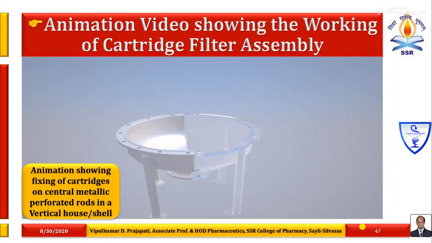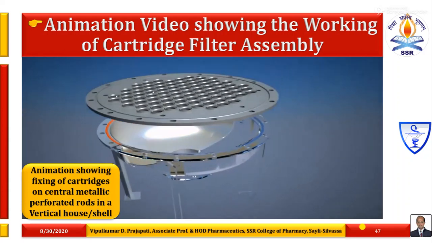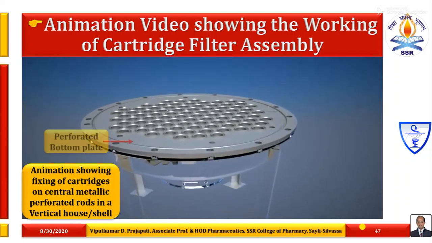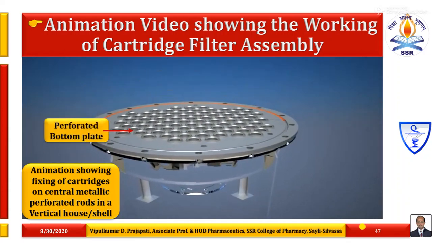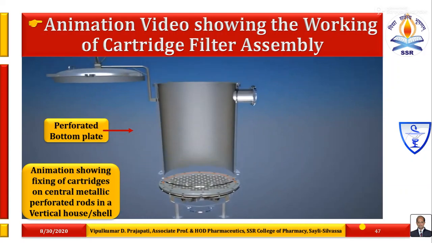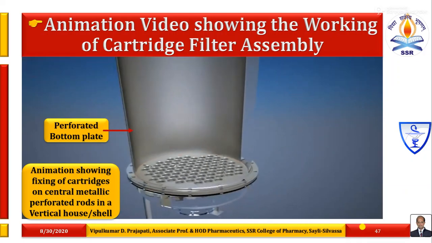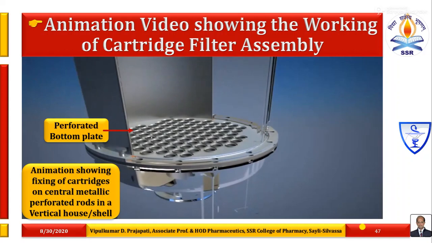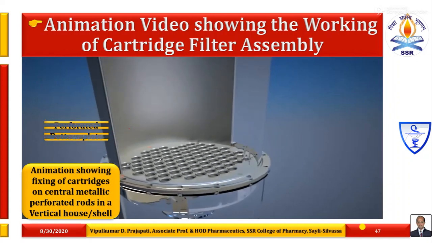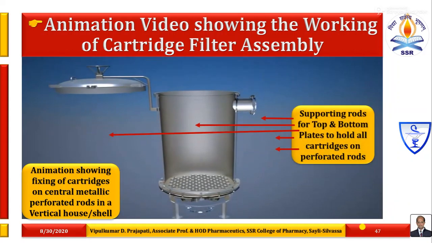Now this animation shows the fixing of a number of cartridges on central metallic perforated rods in a vertical housing or cell. First the ring is placed, then the perforated bottom plate is fixed on it and a ring is applied, and the cell lid is fixed with the help of bolts.